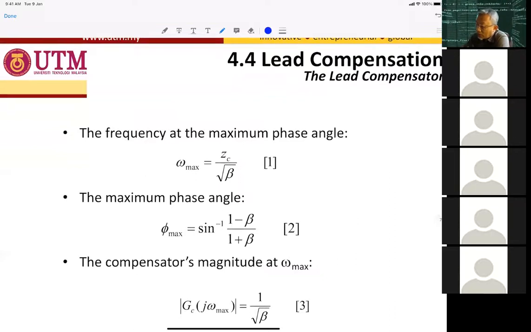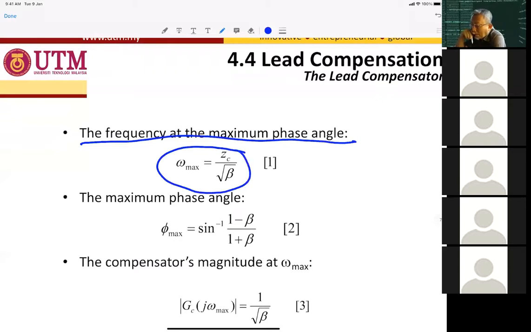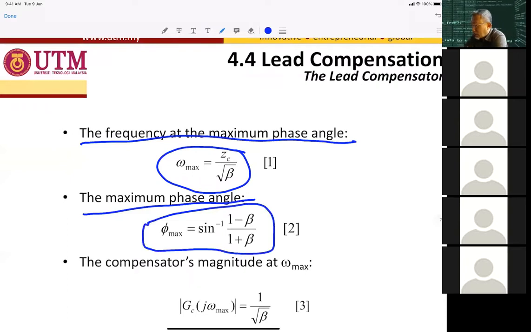The frequency at the maximum phase angle, omega max, is ZC divided by square root of beta. The maximum phase angle, phi max, is the inverse sine of (1 minus beta) divided by (1 plus beta).